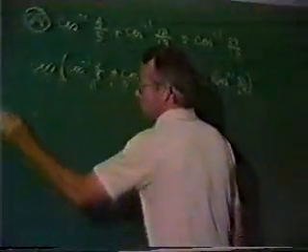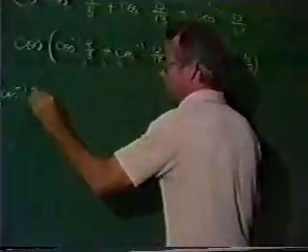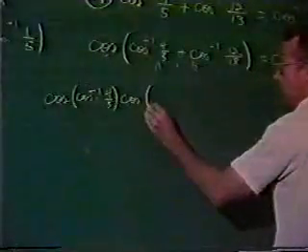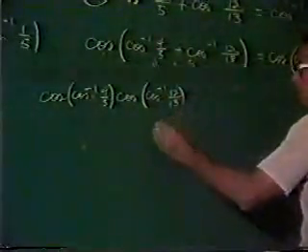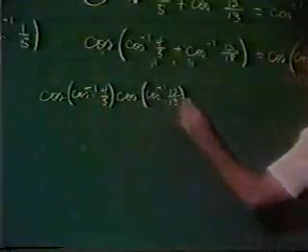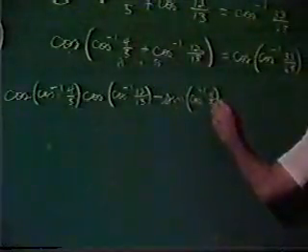So that's cosine of A, cosine of B, minus sine of A, sine of B. Equals, well, the cosine of the inverse cosine is just the number.